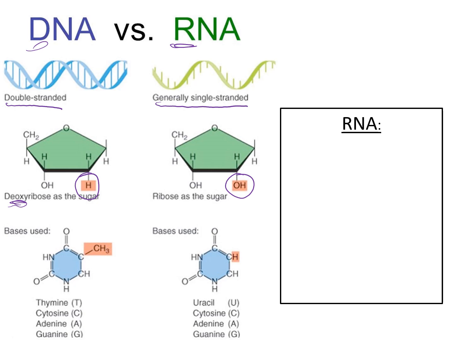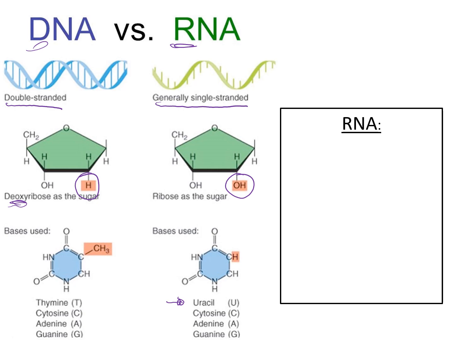There's one difference that we didn't really list, and that is DNA uses T, C, A, and G. RNA doesn't like to use thymine. Instead, it uses a different base. It's very similar to thymine, looks very similar, but it's called uracil.